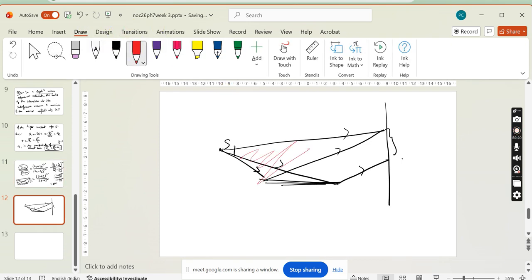So this whole red area is the light coming directly from the source, and this blue area is the reflected light. In the overlapping area, the interference happens between the direct and reflected beams. The reflected beam seems to come from a source called S2, and S1 and S2 act as coherent sources.